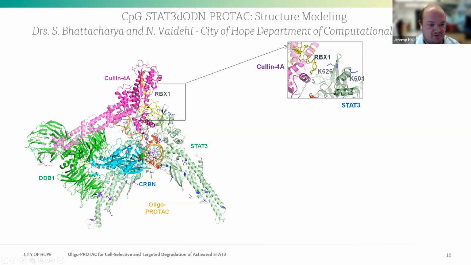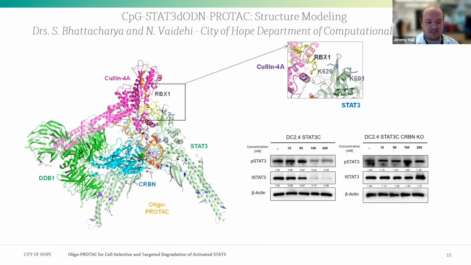But in turn, it is recruiting cereblon, which then in turn recruits the remainder of this E3 ligase complex. So to more specifically illuminate and confirm this mechanism, we again used dendritic cells and knocked out cereblon, and essentially found that knocking out cereblon more or less abrogated any effect of the PROTAC.